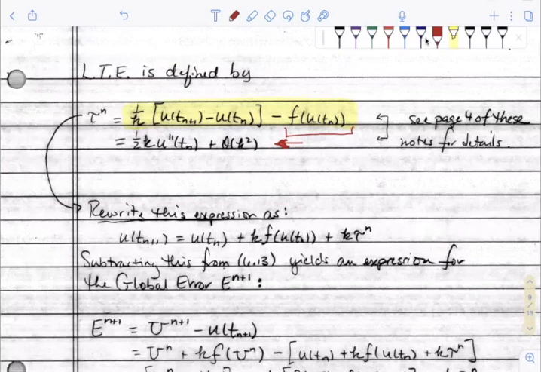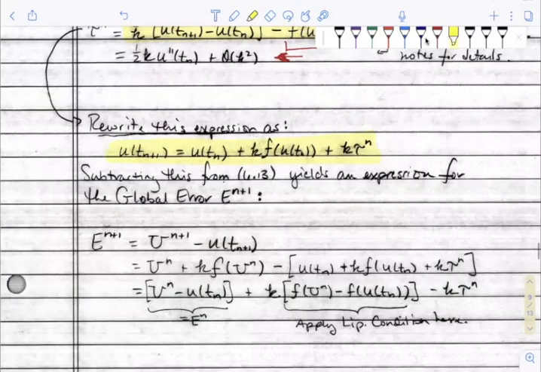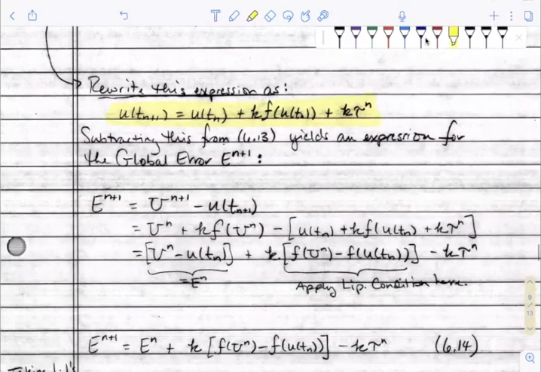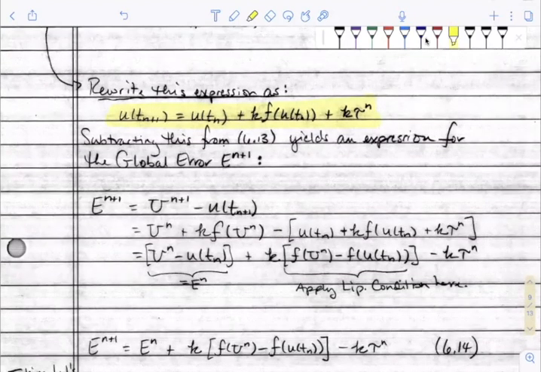Just as before, I'm going to rewrite this equation so that it looks like this, because that's the form I'm going to need for the global error. And now I'm going to form that global error expression. I'm going to use this thing right here, and the expression 6.13 on the previous page of the notes.